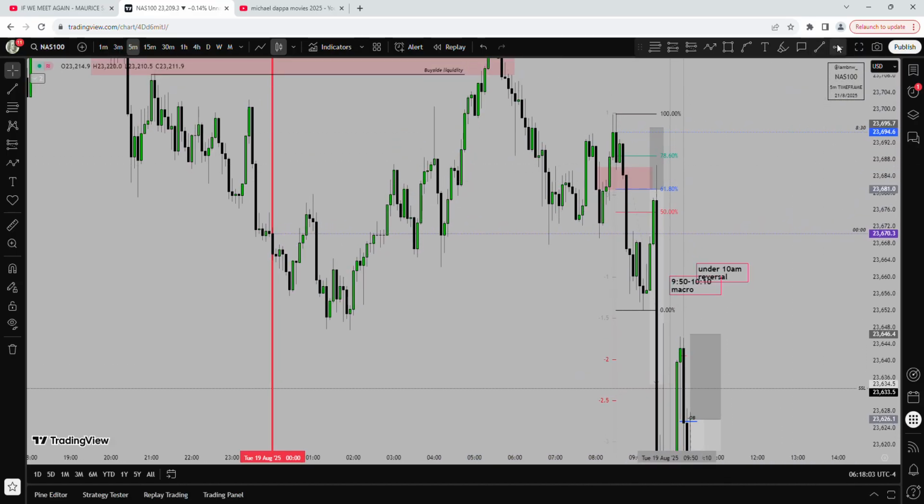Now this was the seven. This was when New York session began. 7 o'clock. I think it was this candle. Yeah, New York session began here. So this is the 7 o'clock open.